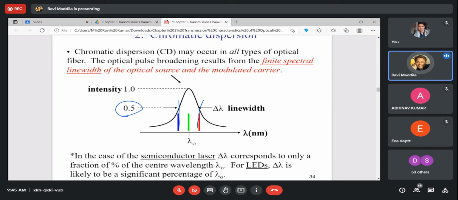Fine. Now, there are different types of sources which can be used to transmit these optical pulses. What is mentioned here is a semiconductor laser. Have you heard about a laser? Anyone who's heard about a laser?